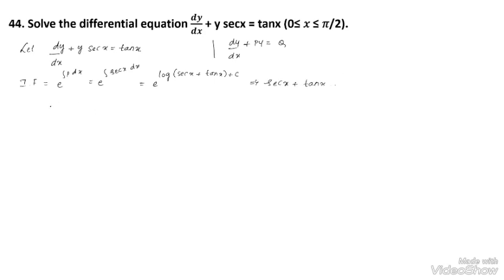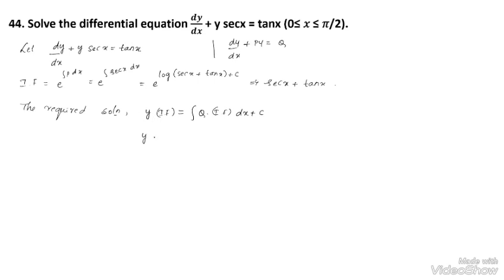Now, the required solution is y into the integrating factor is equal to integration of q into the integrating factor dx plus some constant c.